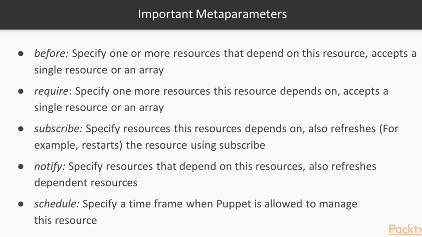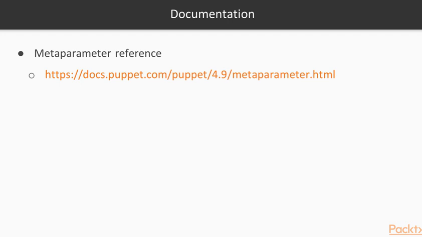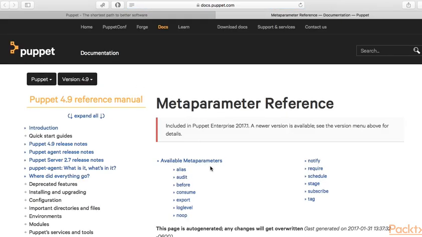We are going into more details of before and require in one of the next videos. And we're also going to discuss subscribe and notify in one of the following videos. If you would like to learn more about metaparameters, there's the metaparameter reference. So let's click on the link. As you can see, there are more metaparameters available than before, require, schedule and so on.